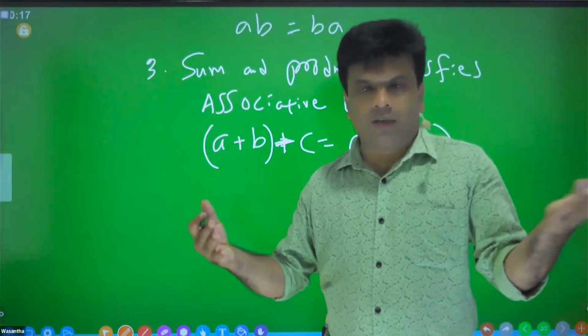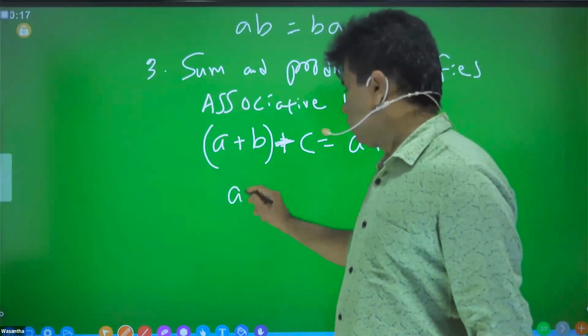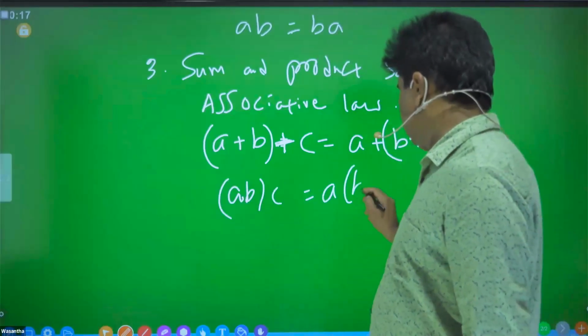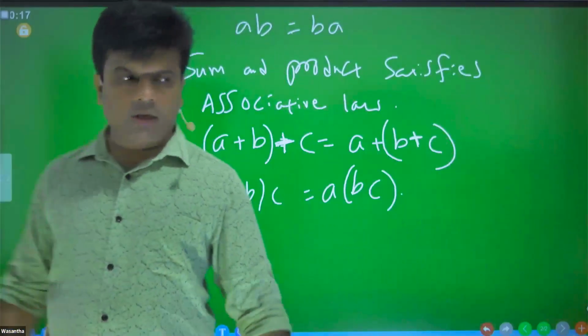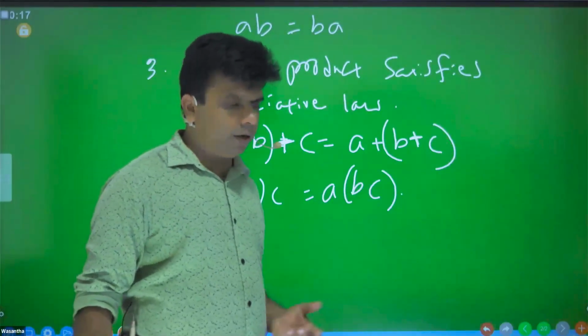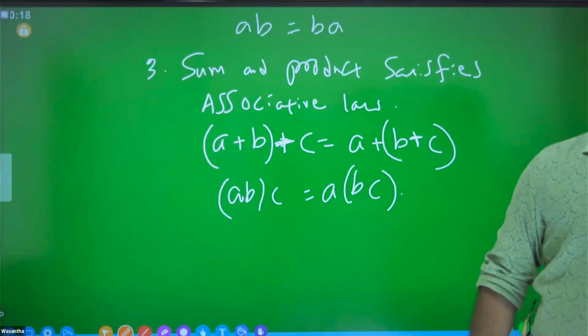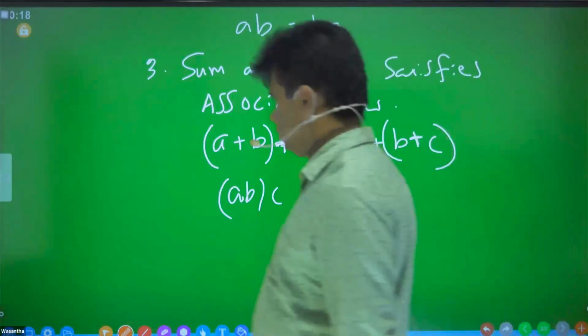Otherwise, AB into C is equal to A into BC. So, AB into C is equal to A into BC, right? Sum and product satisfies associative, right?